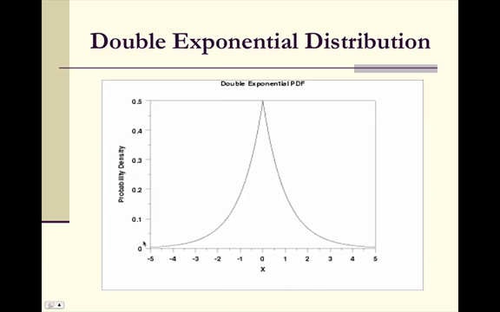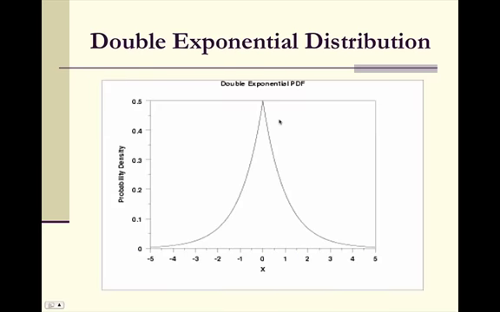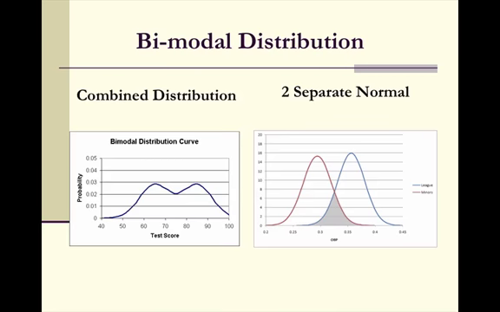You have double exponential distribution, which is instead of a nice sloping curve right here, you have boom. You also have bimodal distribution, which if you're issuing a test and you have a large number of students score in the 60 to 70% range, you also have a large number of students scoring in the 80 to 90% range, you have a bimodal distribution.